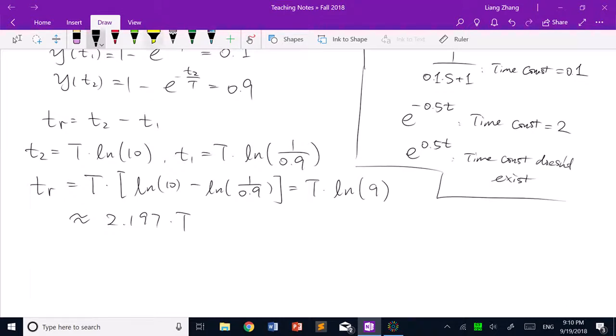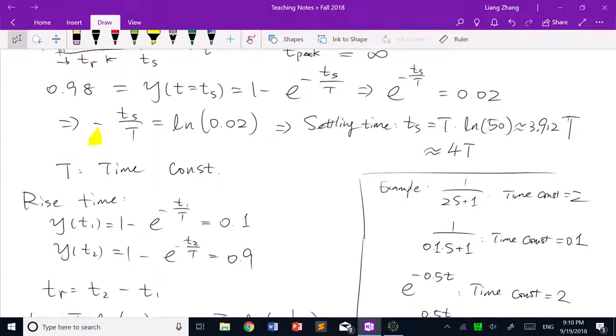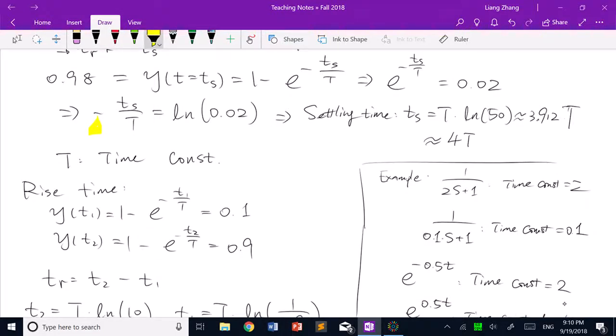So three important calculations, one important concept. The concept is the time constant. We should have mentioned this in 3101. If not, this is something to keep in mind. Secondly, how do we calculate settling time? The procedure. How do we calculate rise time?